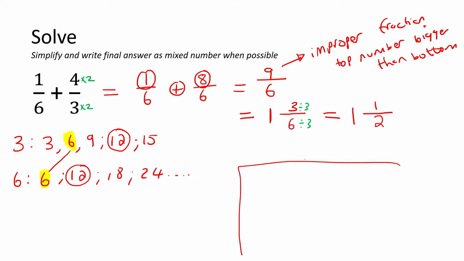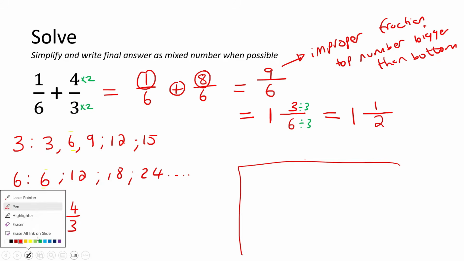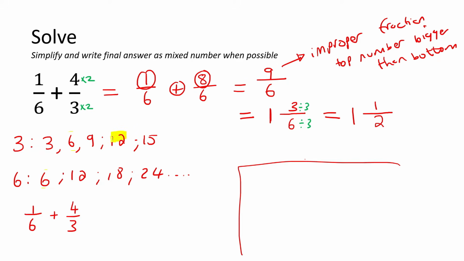Now, I said that you could have also done this question using a different way, and that is over here when we were busy finding the lowest common multiple. Some of you might have chosen a 12. So it doesn't actually have to be the lowest one, but by choosing the lowest one, it just makes our life a little bit easier. But you don't have to. So let's say we chose the number 12.